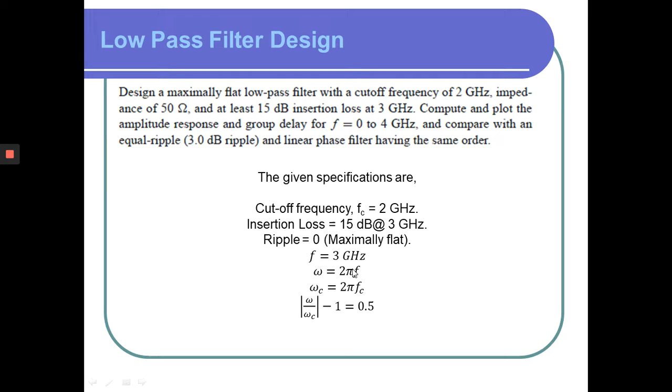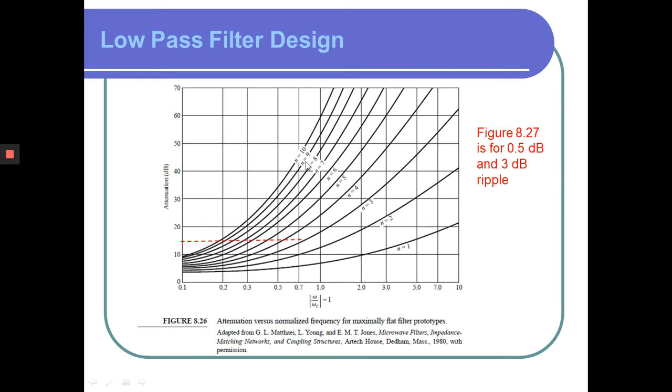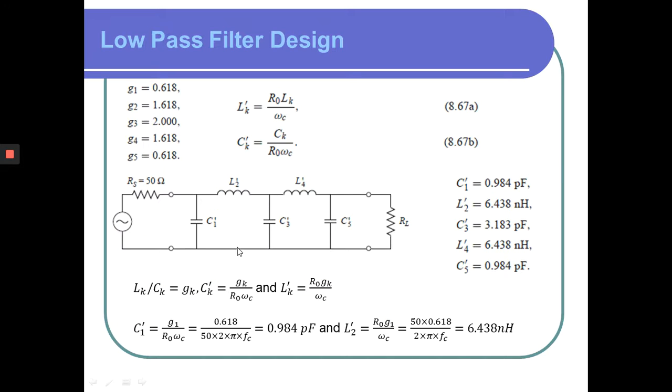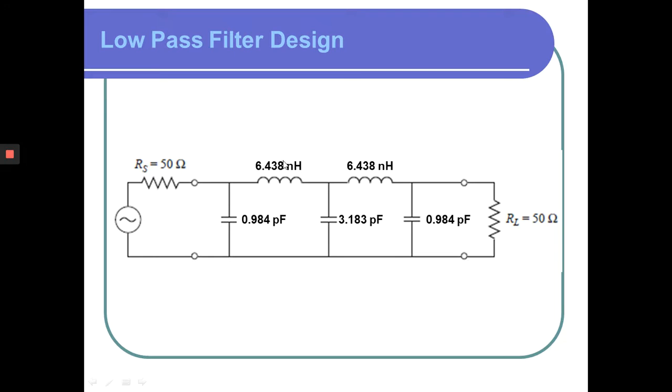Then we use this equation to find out what our order is, and from that order we find out our order elements, and then we find out the values, and it ends up like this. The final values are here.